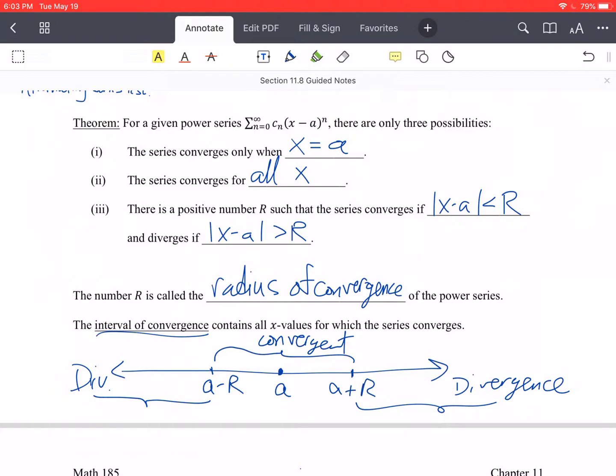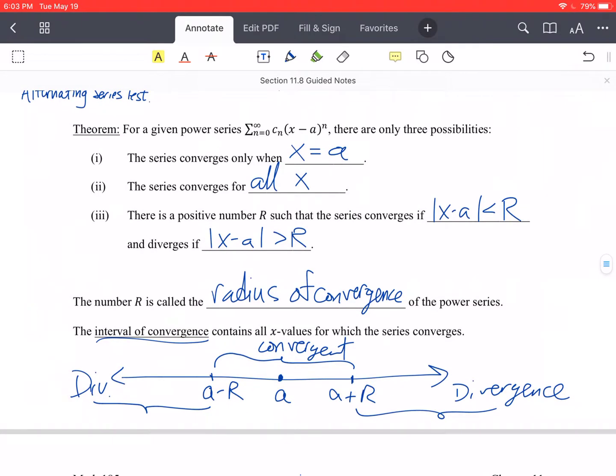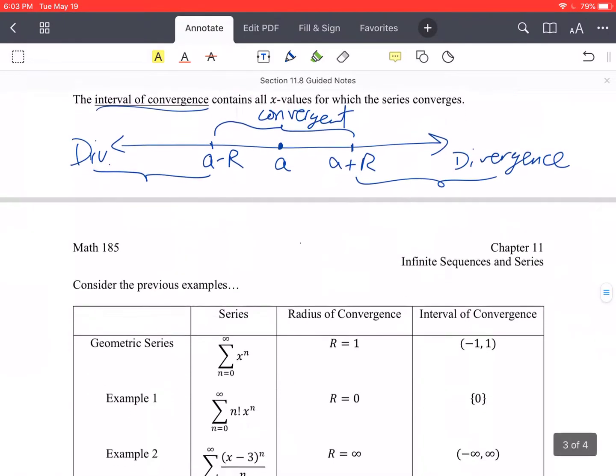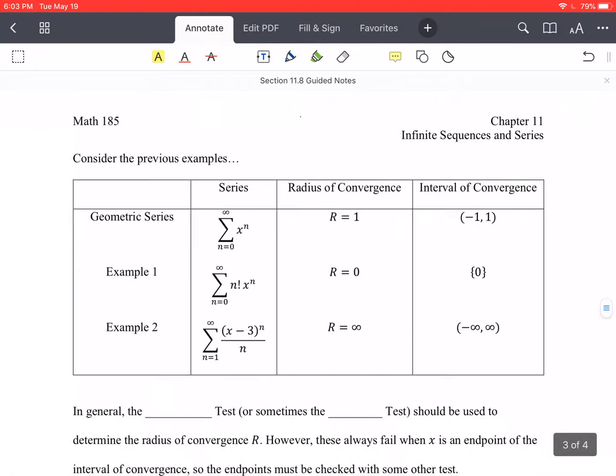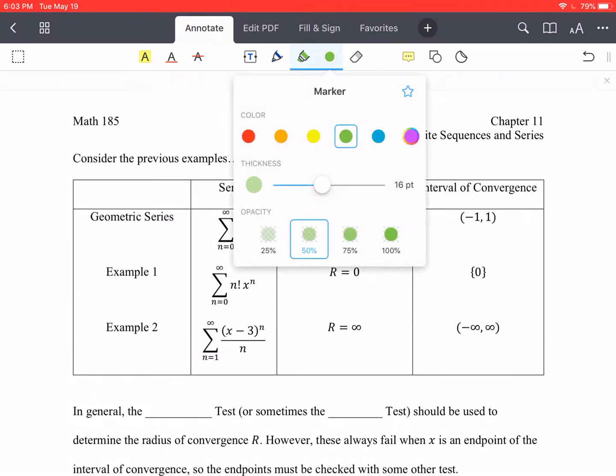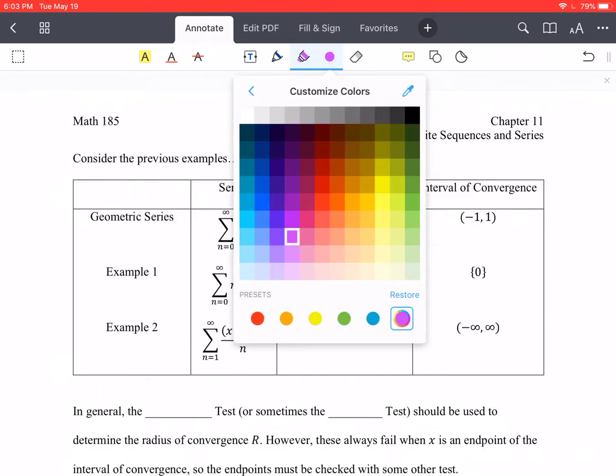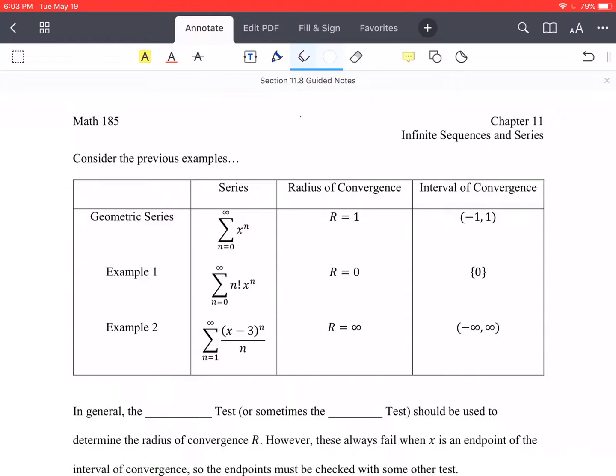So if we use this theorem, kind of look through this lens at the problems we've done so far. I have a table right here, and I need to fix it because one of these values is wrong. I'm going to fix it on yours before I post it, but mine is not fixed yet. So let me change this.